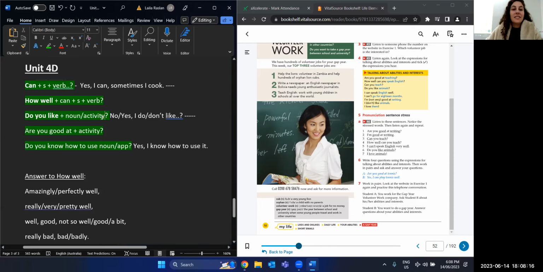And Letitia said, do you like playing tennis? Yes, I do. Yes, I do like playing tennis. So don't forget, you must say yes, I do like, and then say what it is, or no, I don't like whatever it was. So we must respond like that when we have this question.